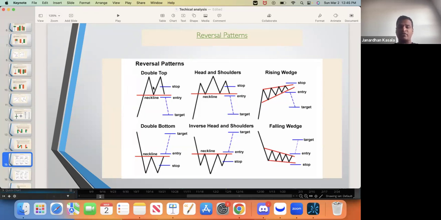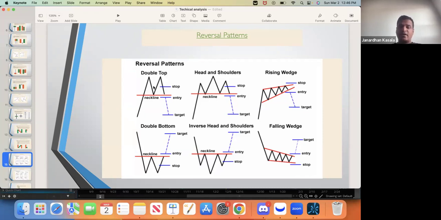This double top: two times they tried to push higher, and they failed two times here. So this is a reversal, the bull trend trying to reverse here. If you are shorting here, ideally you need to wait for the neckline to fail, enter here, and target where it started.